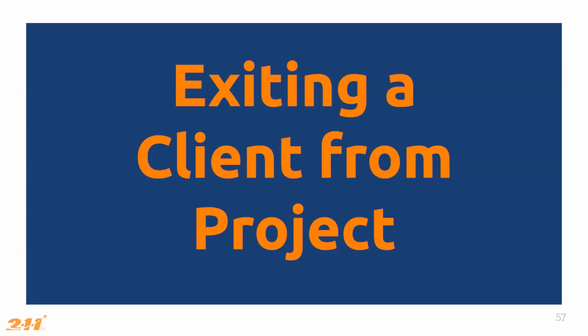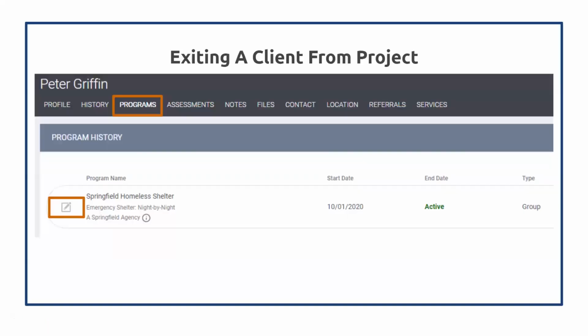So now we will exit a client from the project. When a client is no longer in need of our project services, you will need to exit them from the project. To do this, you will need to edit the enrollment for the head of household in the project that they are exiting. So you go to the Programs tab, click on the edit button next to the project that you wish to exit the client from.